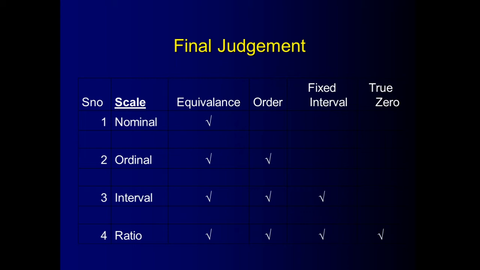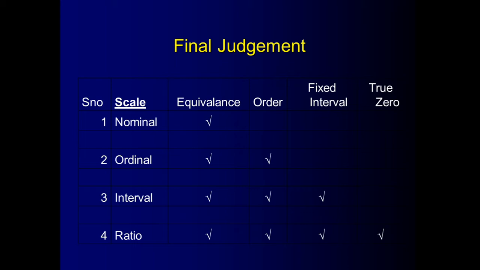So therefore, what do we declare? Ratio is the perfect measurement. Then interval scale, or interval measurement, is the near perfect measurement. Somewhere you can write down in your notes: interval and ratio put together is called scale.